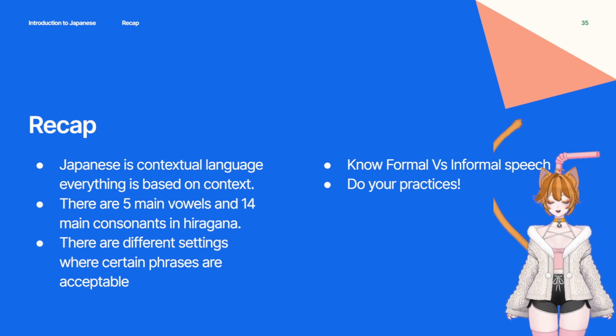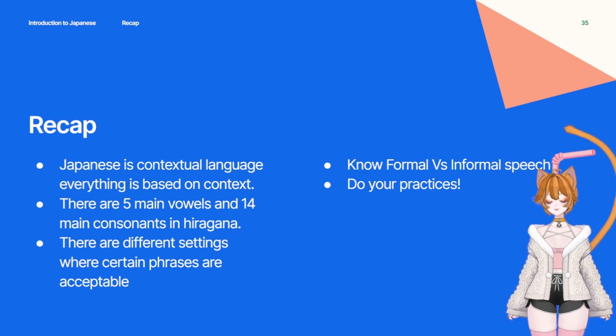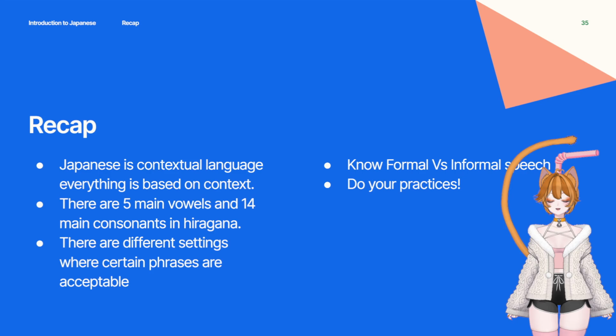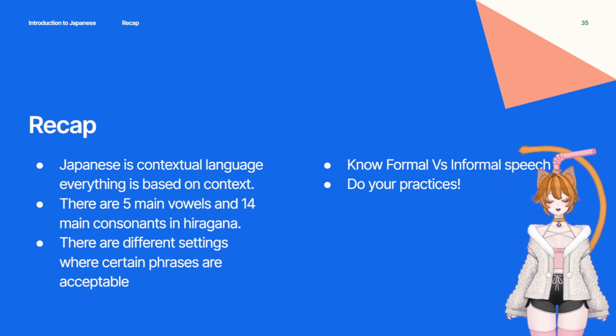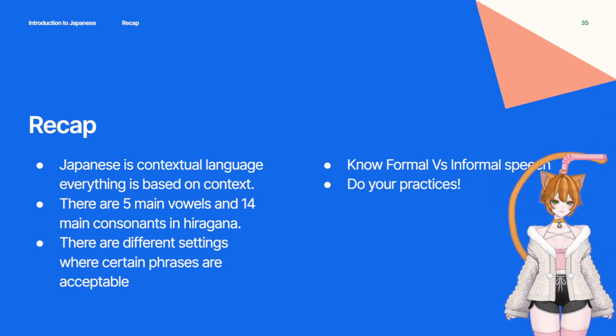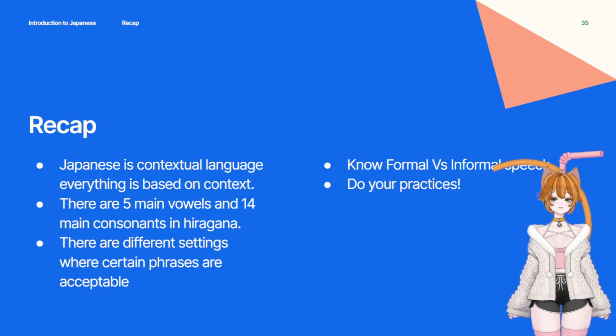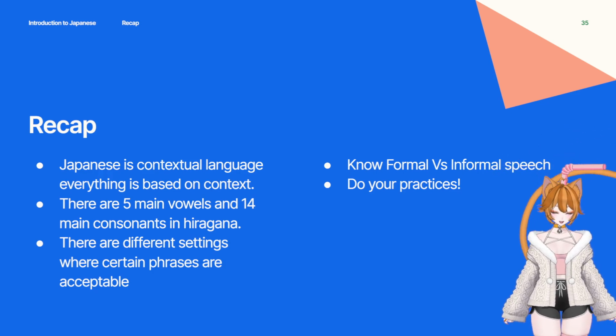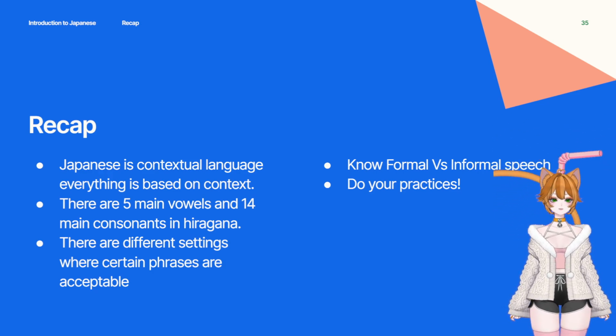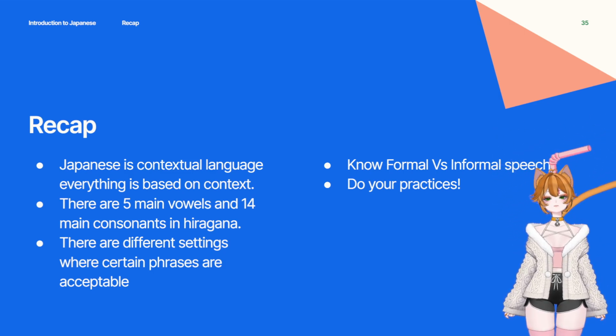There are different settings in certain circumstances where phrases are acceptable. Make sure that you know your formal versus your informal speech. It's going to be very important, especially if you plan on traveling to Japan at any time or speaking to Japanese people. And then make sure, lastly, to do your practices.